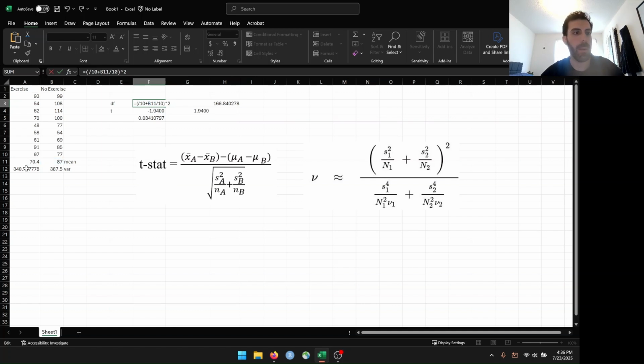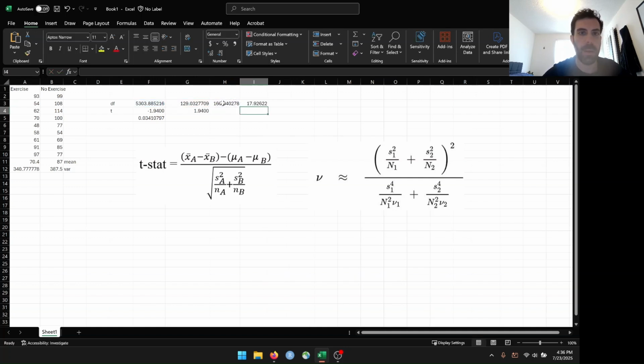Even though I labeled them, I still chose the wrong values. And there's an alternative way to write this formula that I think is a little more intuitive, but we won't get into that right now. So here we divide that by this plus this. And this is a much more reasonable estimate of degrees of freedom.